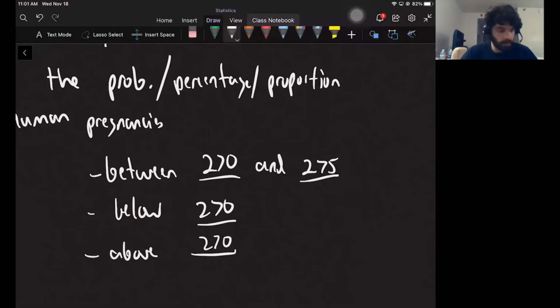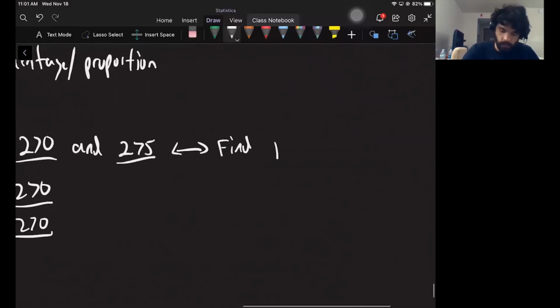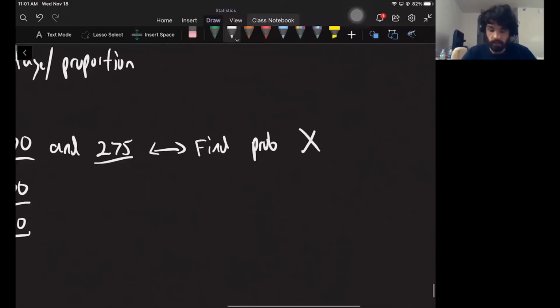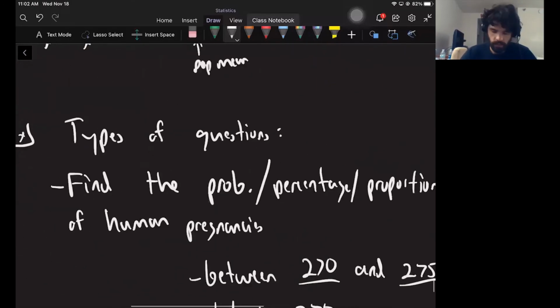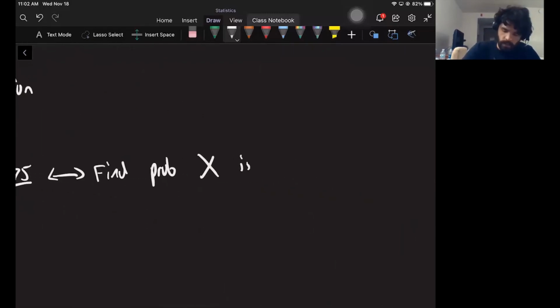And so what this is really saying, to translate into fancy jargon, is find the probability that your big X, your random variable, that's what these lengths of human pregnancies are, is between two little x's.